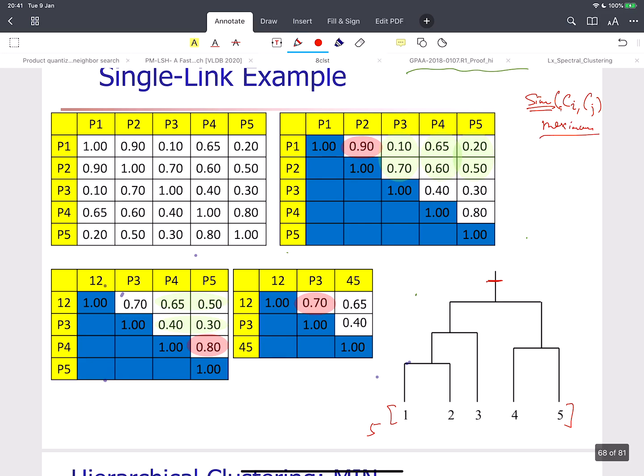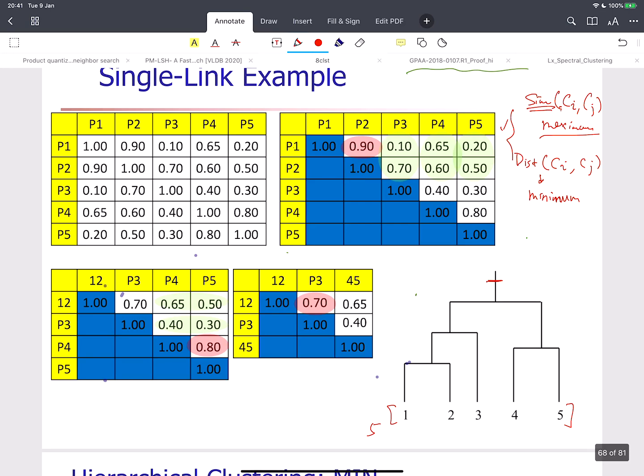Alternatively, we can use a distance or dissimilarity measure, and then the most similar pair of clusters is the one whose distance is the smallest, which is the minimum. This is always chosen in each and every step. There is no other choice.